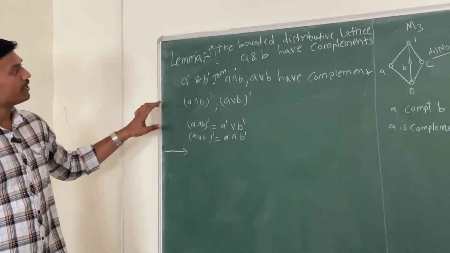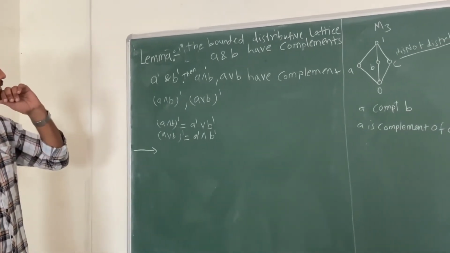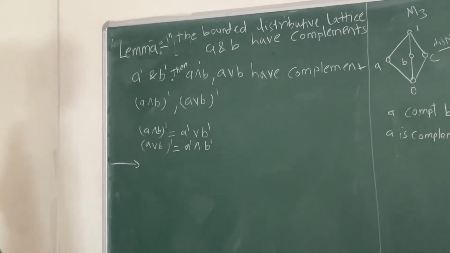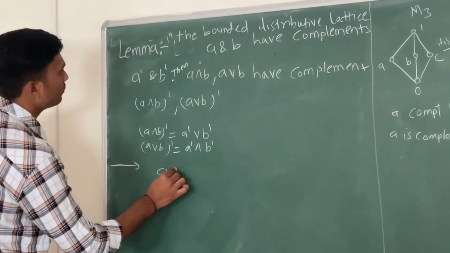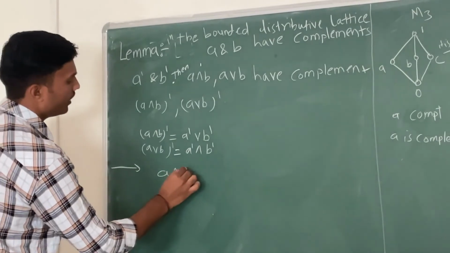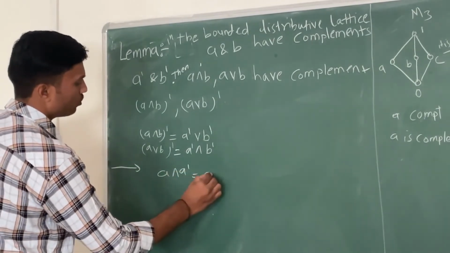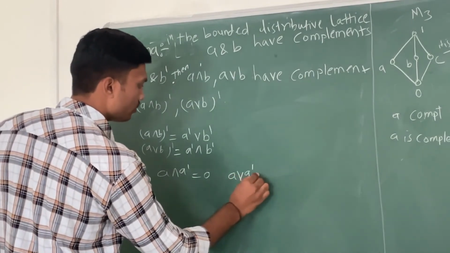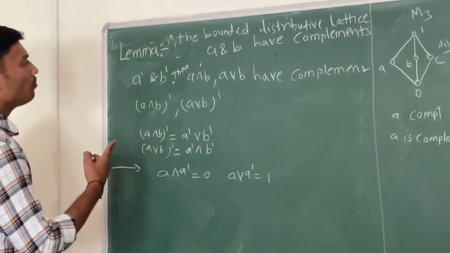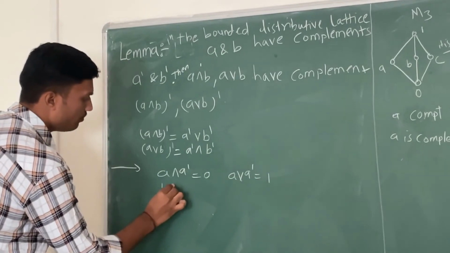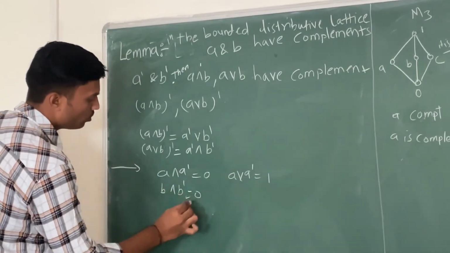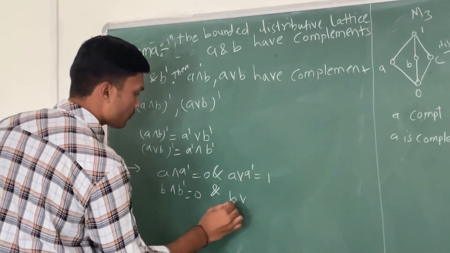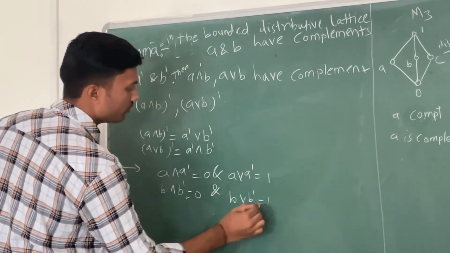What is given is that A and B have complement A dash and B dash. By using the definition of complement, we can write A meet A dash is equal to 0, and A join A dash is equal to 1, whereas B has complement B dash. B meet B dash is equal to 0 and B join B dash is equal to 1.